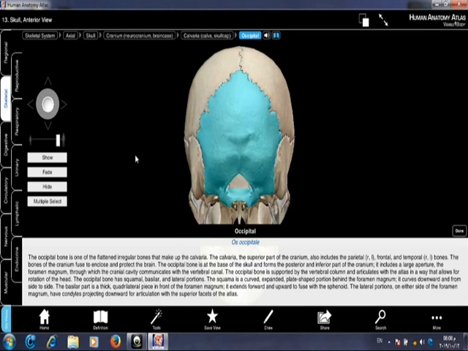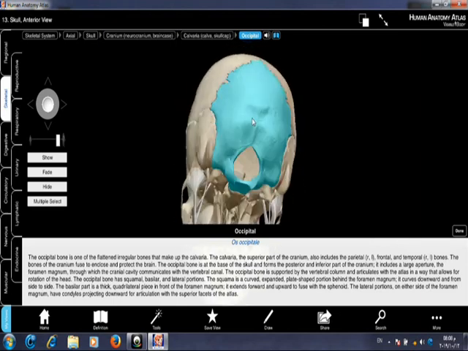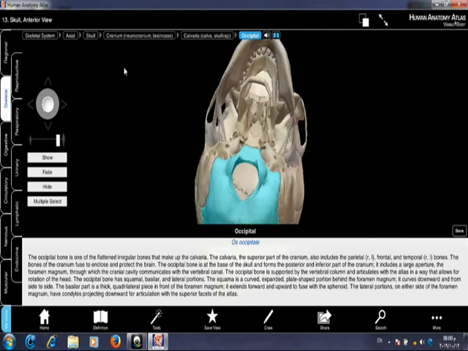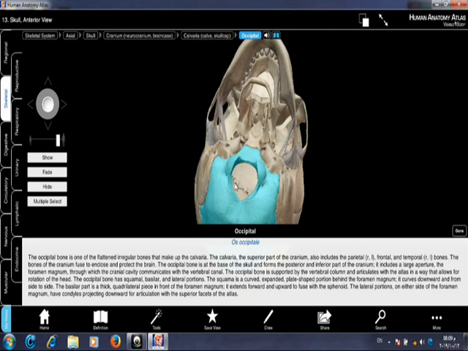The occipital bone is the base of the skull. This is the skull, and the base of it here is the occipital bone. The occipital bone forms the posterior and inferior part of the cranium.